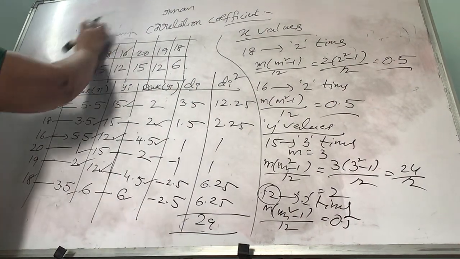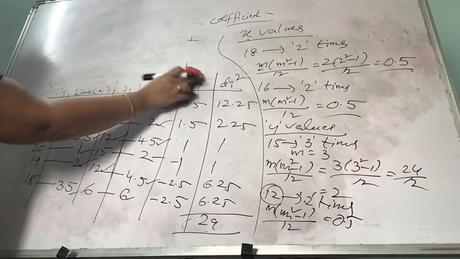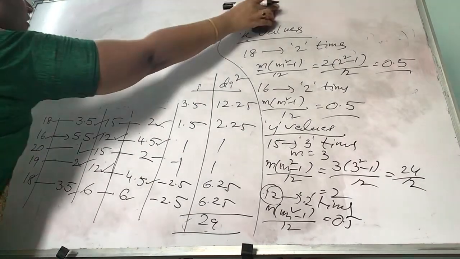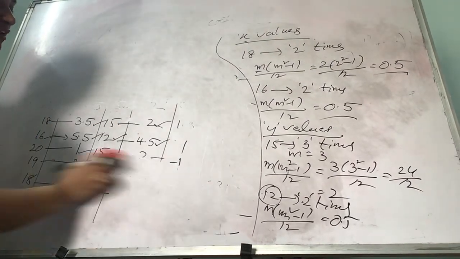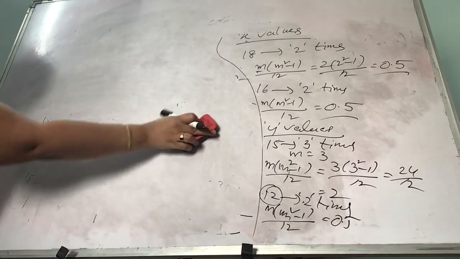So we write the formula for rank correlation coefficient and then substitute all these values. What is the formula in case of repeated observations?